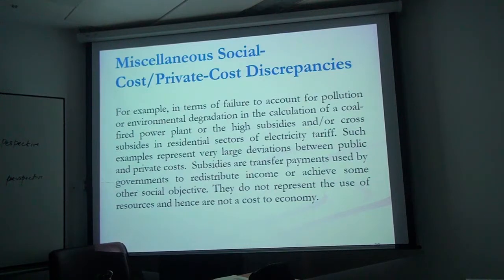Similarly, if electricity is subsidized, and electricity may be a big component of cost in the project, you have to adjust accordingly to get your analysis proper.